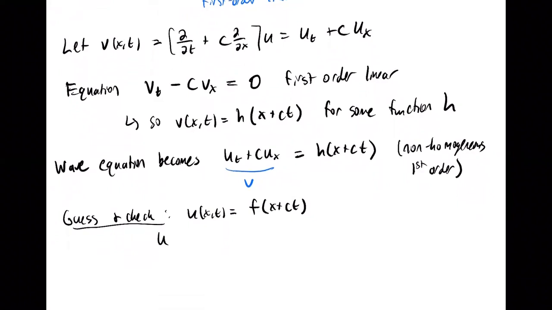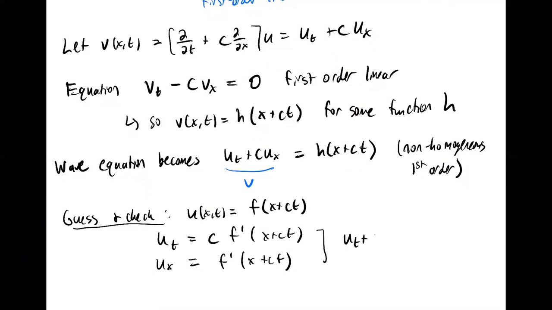If I take the derivative of u with respect to t, that has to equal c times f prime evaluated at this point. And if I take the derivative of u with respect to x, this has to equal just f prime at the same point. So if I take ut plus c ux, that's going to give me 2 times c f prime.